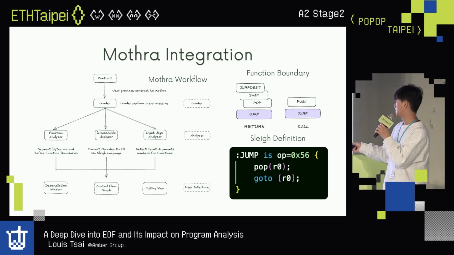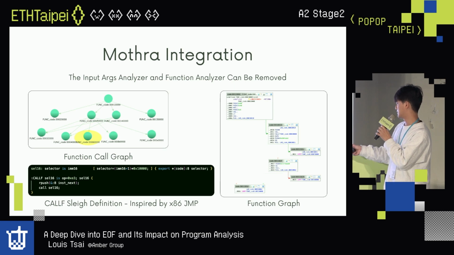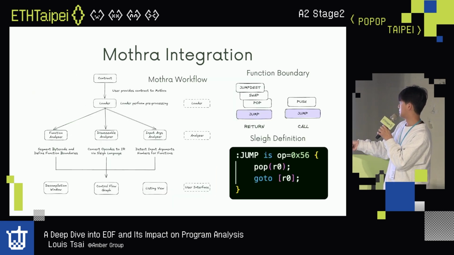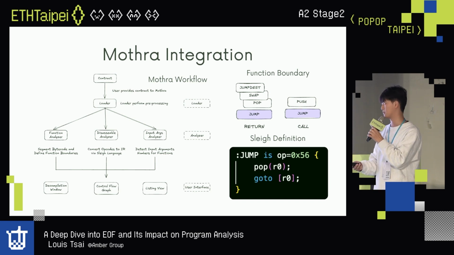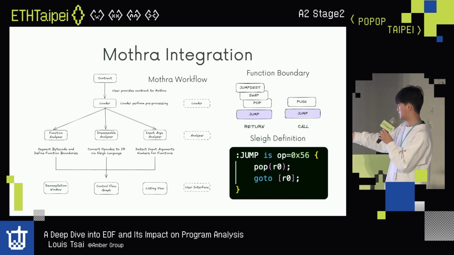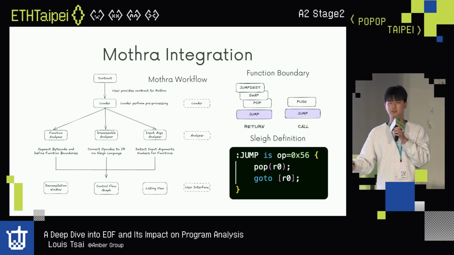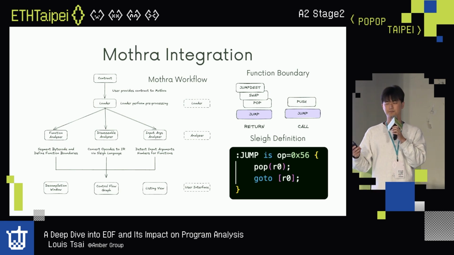But in EOF, we no longer need this one, because we have CALLF, RETF, and JUMPF. And we also do not need this one because we have the type section.